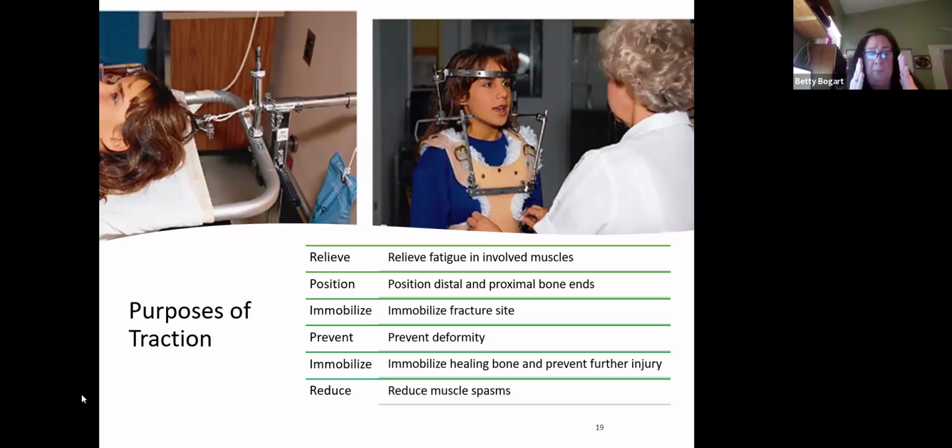So let's put the muscles in proper position, and it relieves all of that extra spasming and pain in there, and it will stop any sort of deformity because now you have it straight. So this is to keep it straight and to relieve the pain.